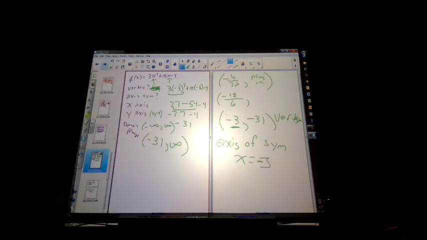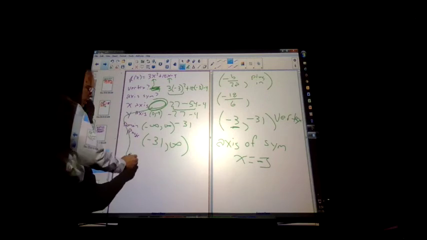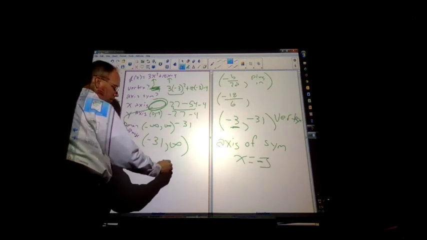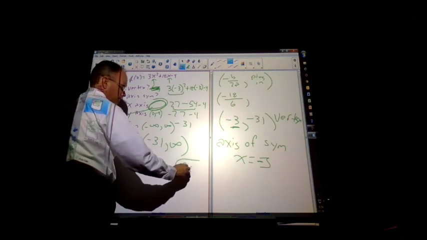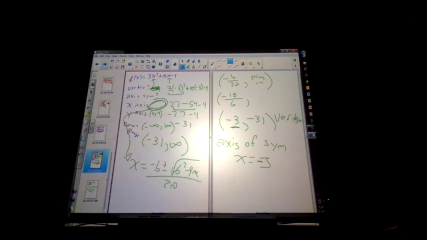Do I know where it crosses the x-axis right now? It's kind of hard to tell where it crosses the x-axis. If you want to find where it crosses the x-axis, you're going to have to use this. That'll tell you exactly. You can complete the square.